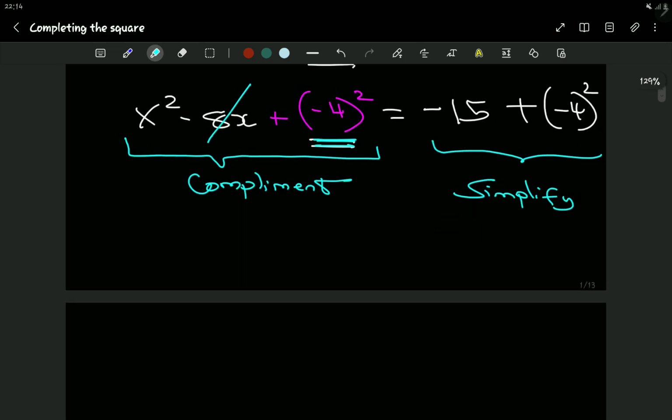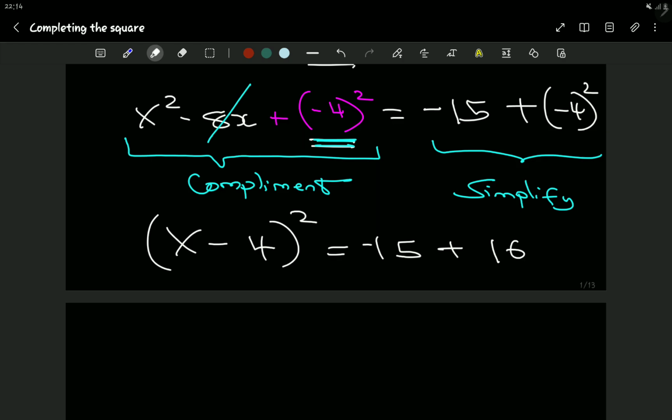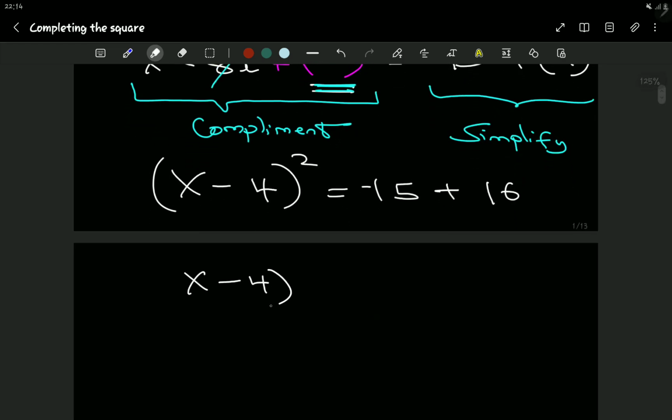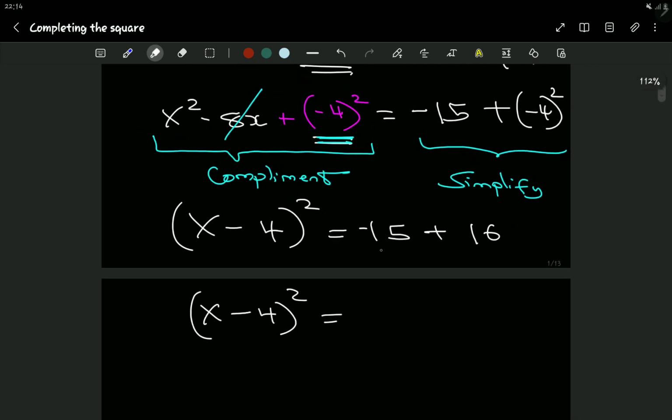Completing is the easiest one, because once you are here, you just need to pick your x minus 4, and you can see that becomes squared. On the other side, you'll have negative 15 plus negative 4 squared, and negative 4 times negative 4 gives me 16. So x minus 4 squared is equal to, minus 15 plus 16.